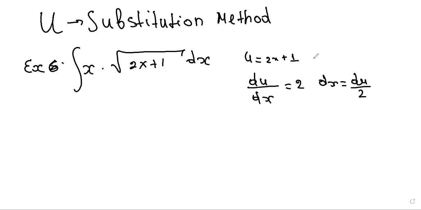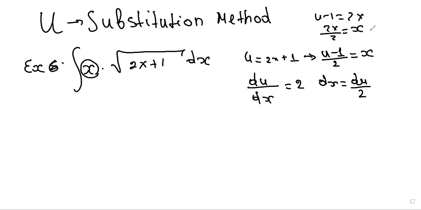But we will have an x here. What can we do about it? We can write u minus 1 divided by 2 is equal to x. Since u minus 1 is equal to 2x, 2x divided by 2 will be equal to x.